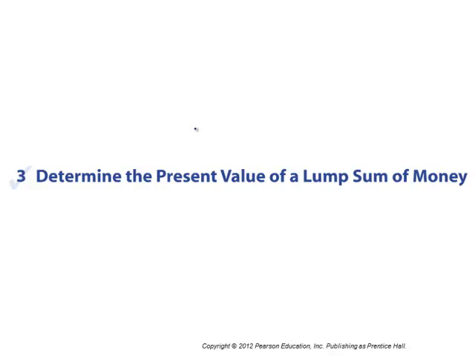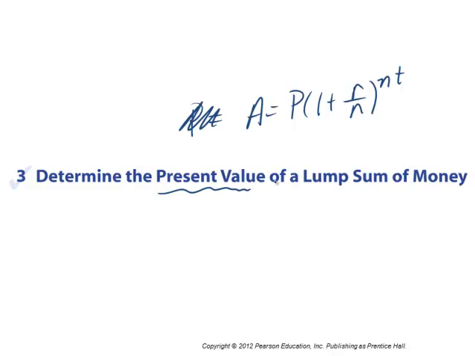And we know what a compound interest formula is, that A is equal to P times 1 plus R over N raised to the NT. Now, a present value problem refers to, suppose that I know how much money I want in the future.